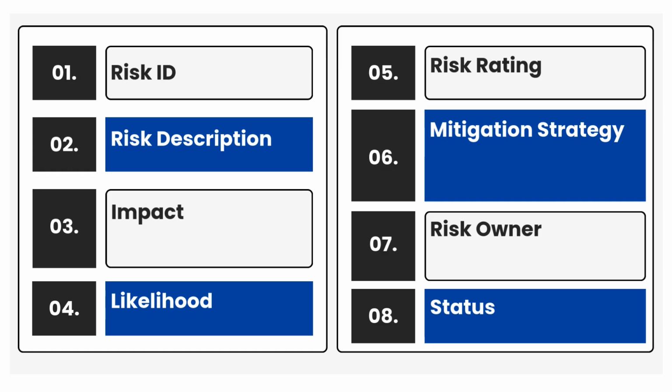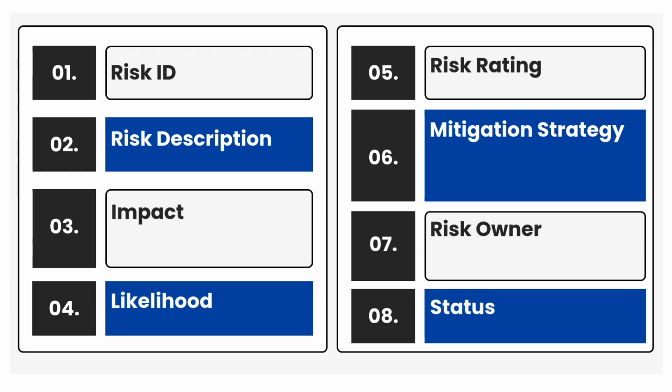Again, categorize like high, medium, low, or a numeric scale work well. 5. Risk rating. This is a combined score of impact times likelihood. It helps you prioritize which risks need attention first. High impact plus high likelihood equals top priority.